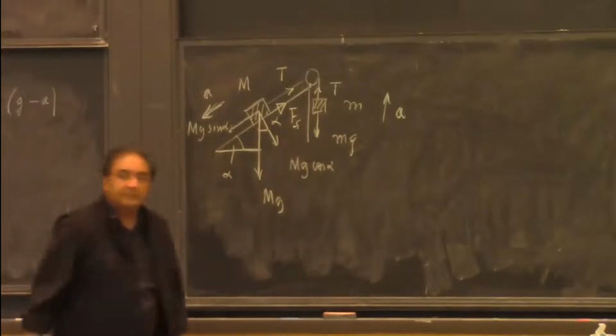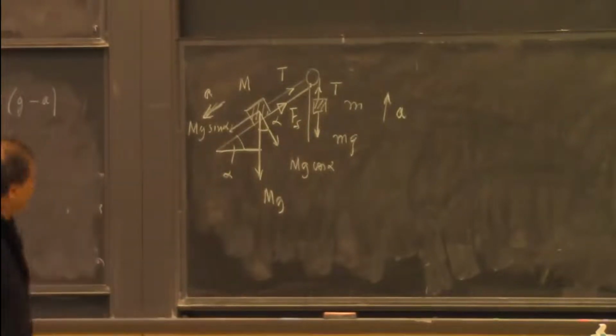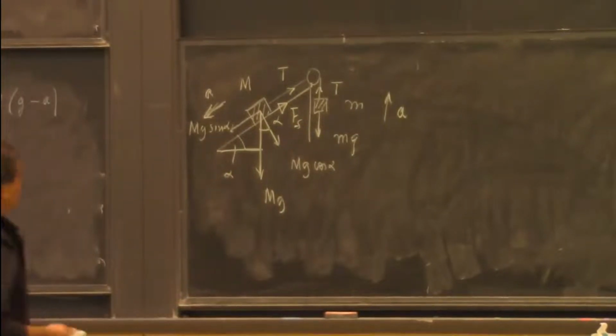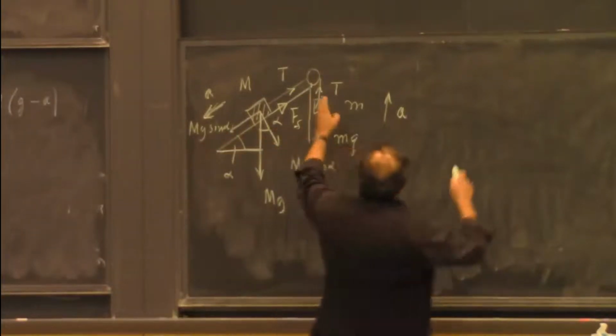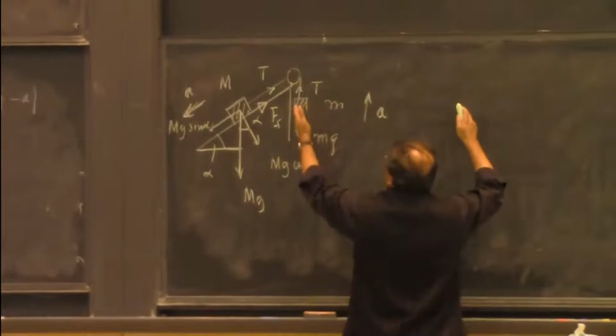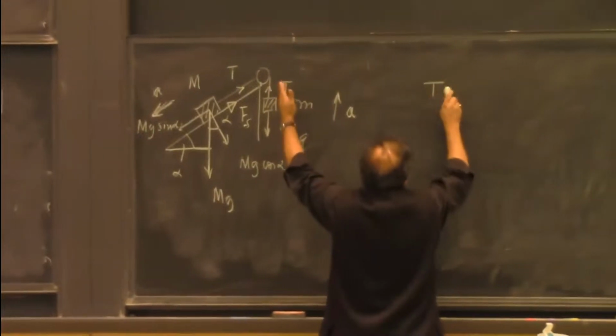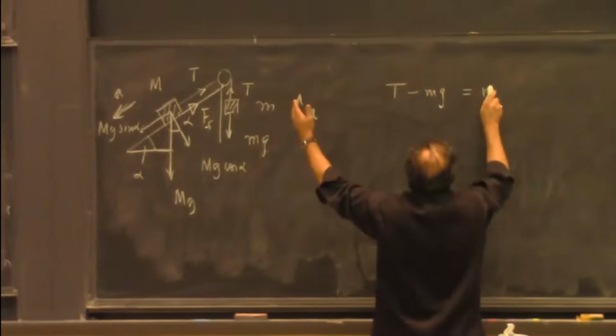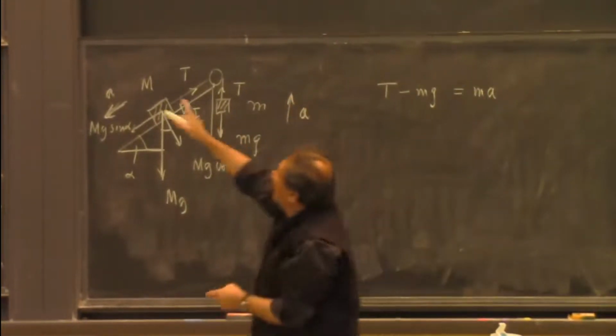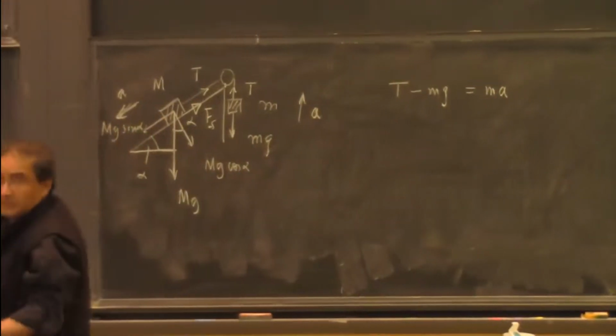It will be upward, because friction always has to oppose what's happening. So as far as this small mass is concerned, T is winning, so I put T minus mg is equal to ma. Compare that with what I have over there.